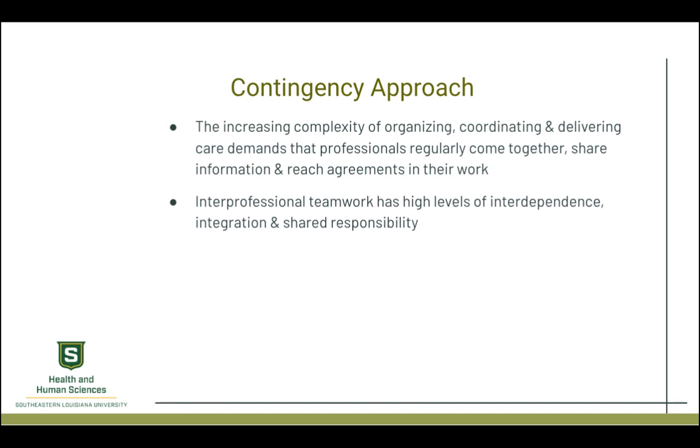So, interprofessional teamwork, the very ideal situation of it, is that there should be very high levels of interdependence, of integration, and of shared responsibilities. And this means that they have a couple of core elements.